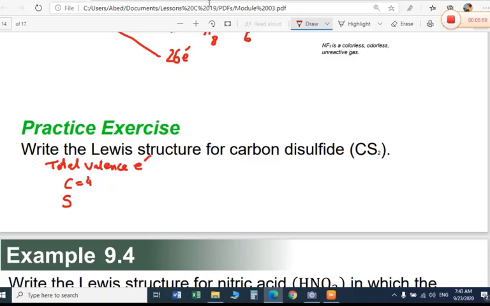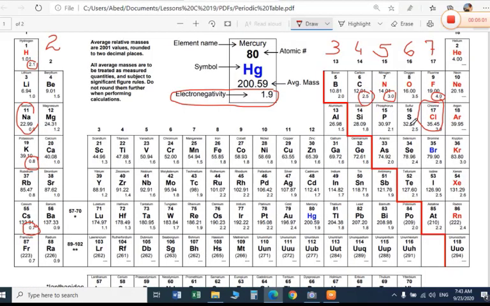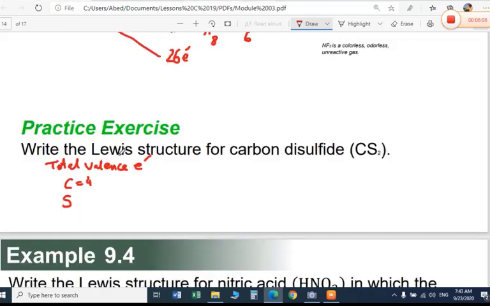Let me check. Sulfur has 6, yes. So sulfur has 6 multiplied by 2. Sulfur is equal to 6 multiplied by 2. So this 2, if you see, comes here.